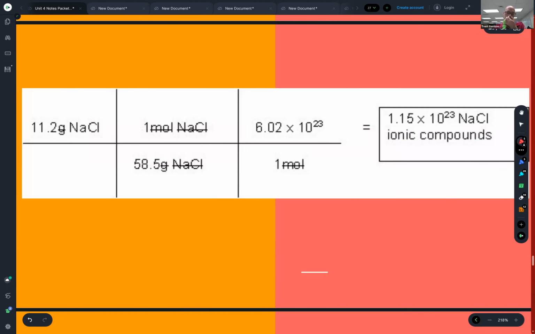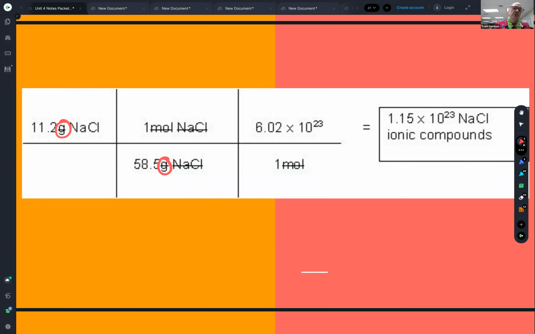Well, how do we use this then for our dimensional analysis of the mole? Well, let's say that you're given 11.2 grams of salt, NaCl. We got to make sure that this gram is down below. We have to convert into moles, which is the standard unit, and then convert it into atoms.